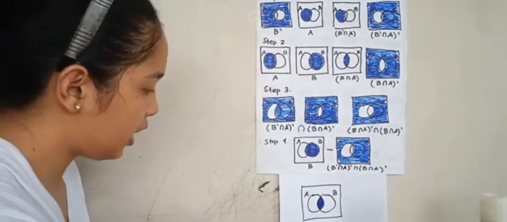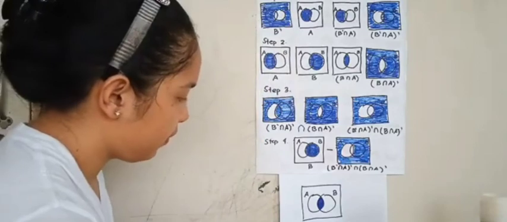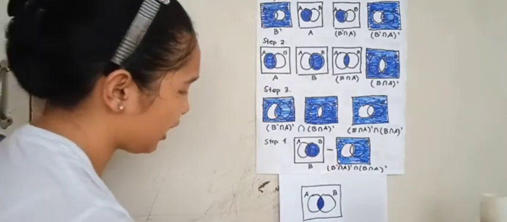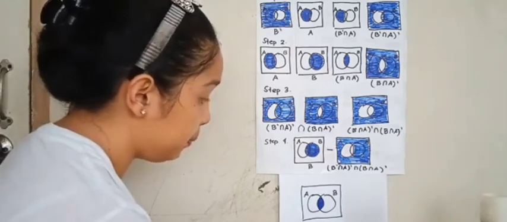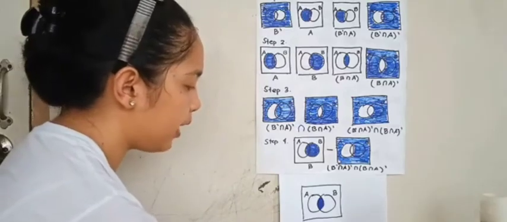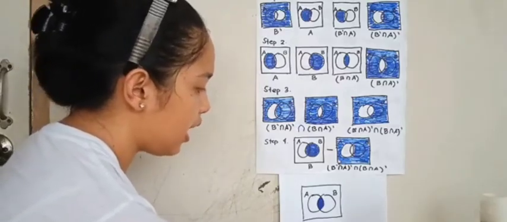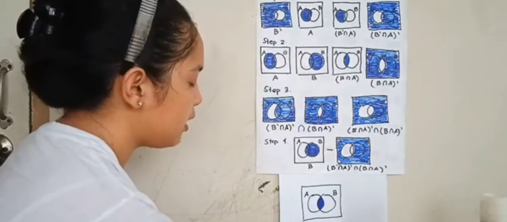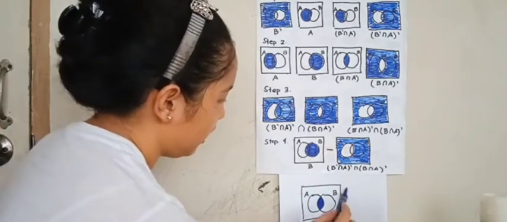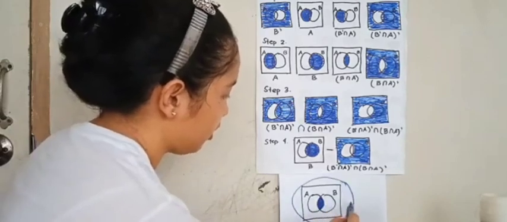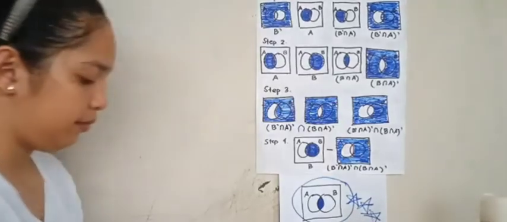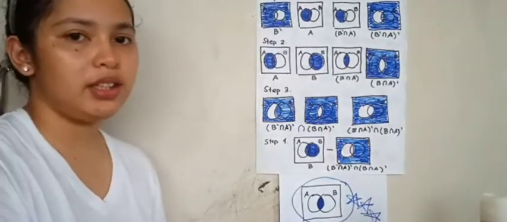So the final answer of B minus open bracket, open parentheses B complement intersect with A, close parentheses, complement, intersect with B intersect with A, close parentheses, complement, close bracket is this here. So the final answer. That would be all. Thank you.